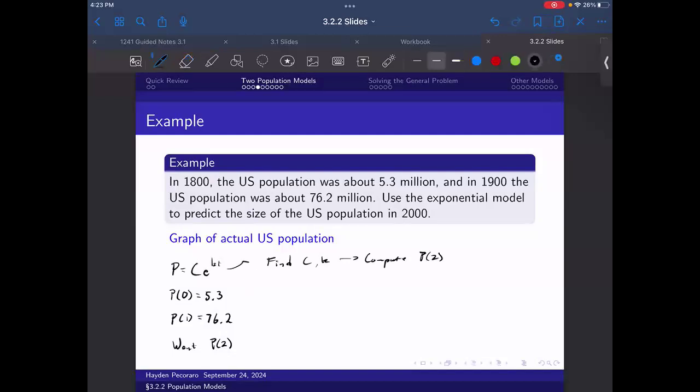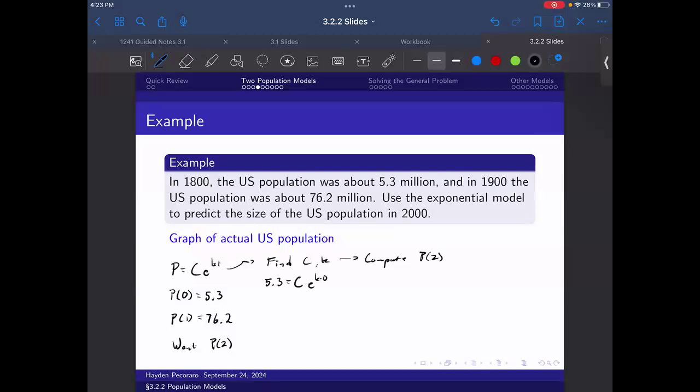So let's see how much space we can do that. So we've got P of 0 equals 5.3, and that means that 5.3 should equal C times e to the k times 0.